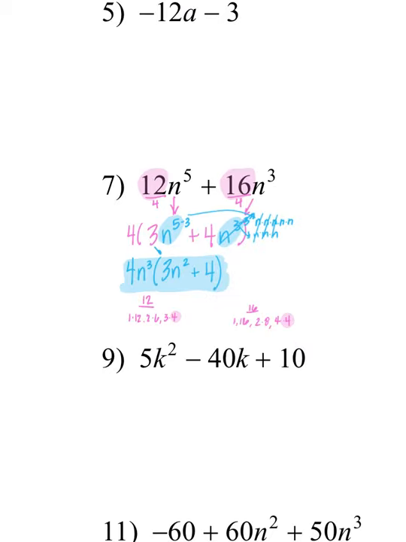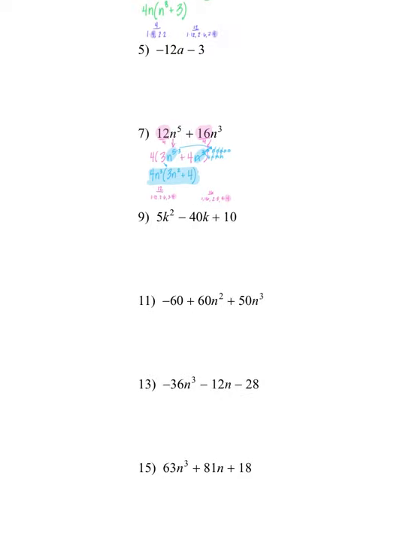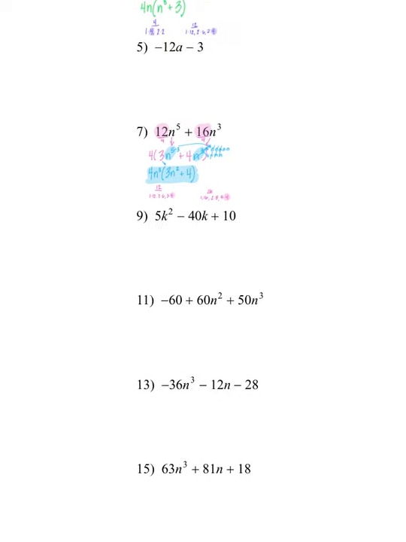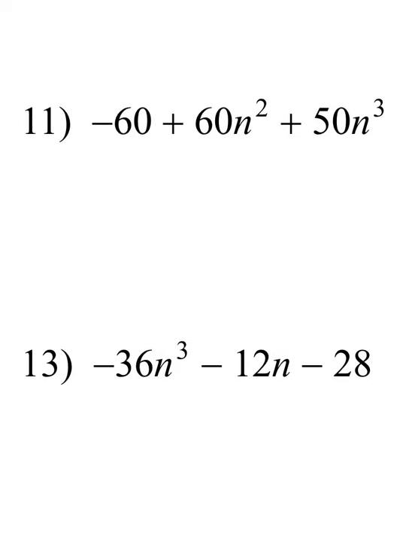All right, I want to do at least one more. Let's look here. Let's see if you can determine what the difference is here. So just for the sake of time, I know that the greatest common factor of 60 and 50 is 10.